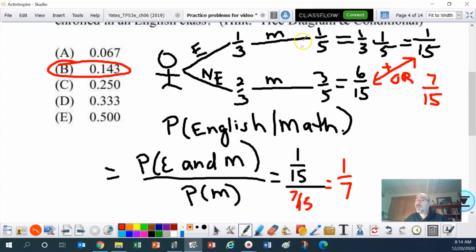So the probability of taking a math class is 1/15 plus 6/15, which is 7/15. It's a conditional probability, English given math, which is English and math divided by the probability of math. 1 out of 15 divided by 7 out of 15 is 1/7, which is 0.143. Okay. Next.